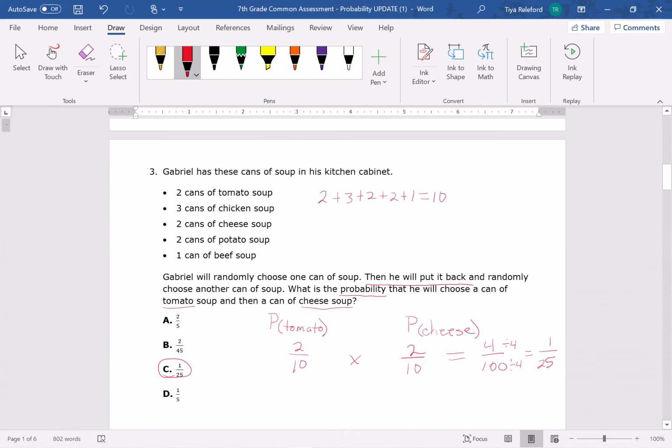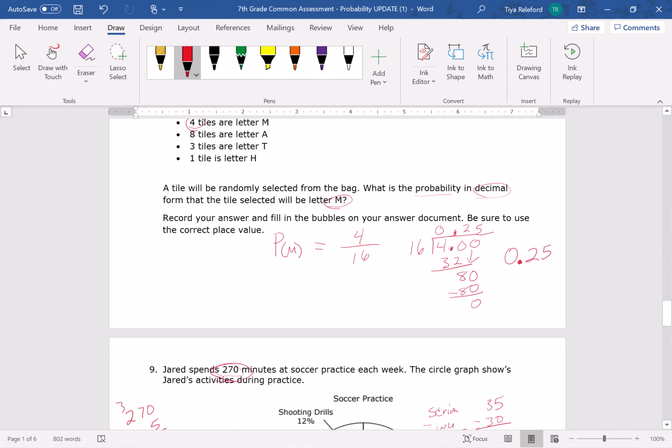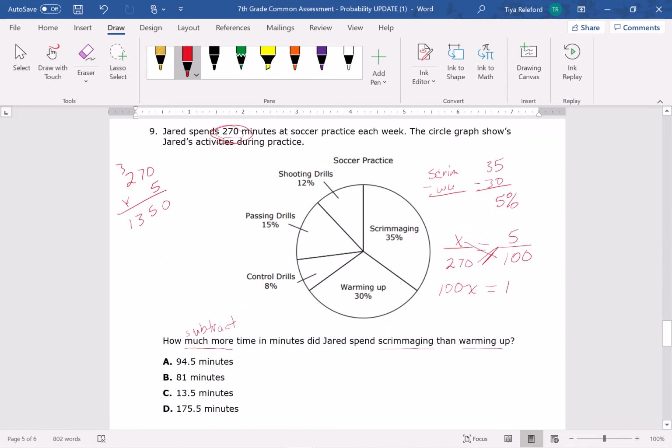Man, I hate when I do that. Now we have an equation to solve.